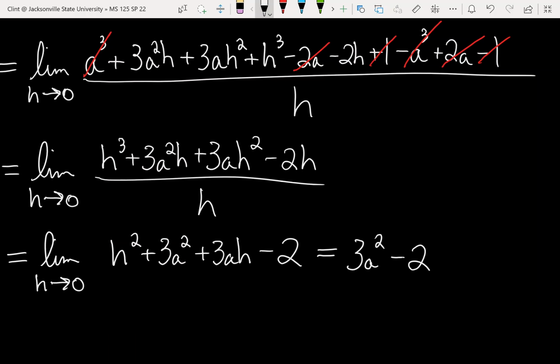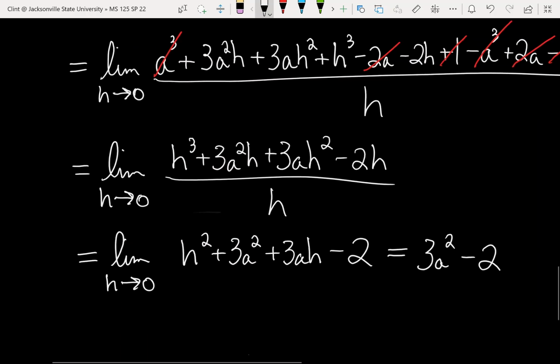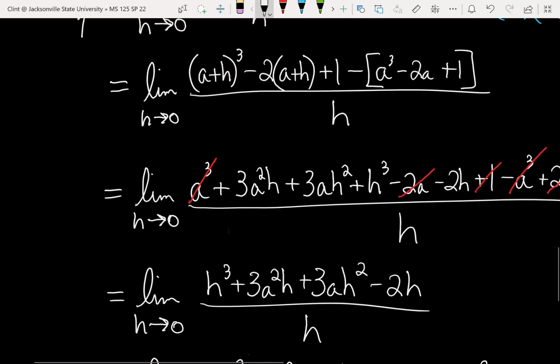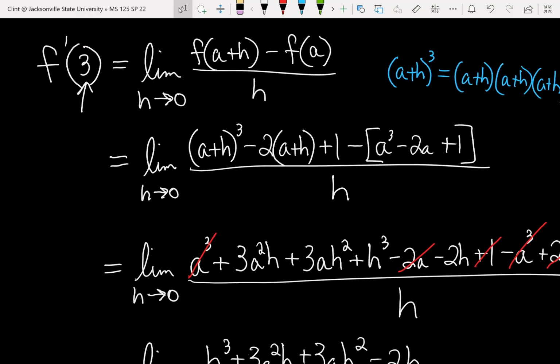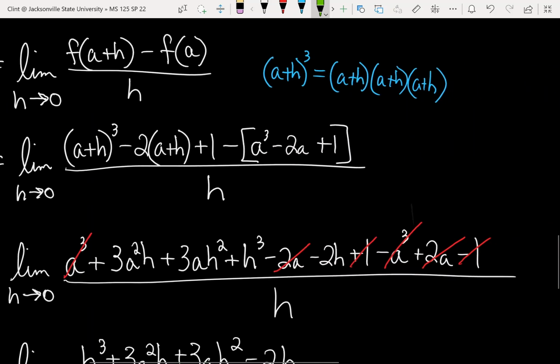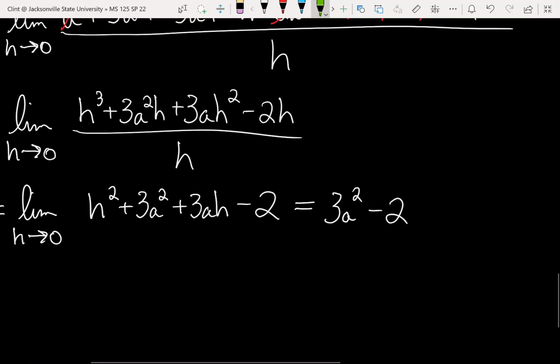And then we could have done this at the beginning. We could have dealt with a bunch of numbers in there instead of a's, but what else do we know? We know a is 3. So plug in for a.